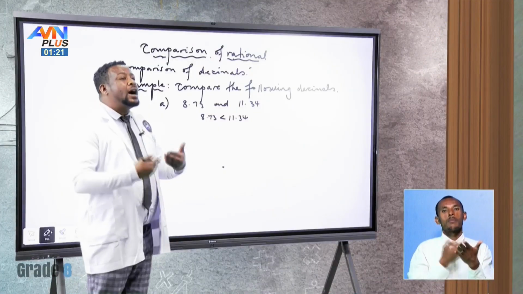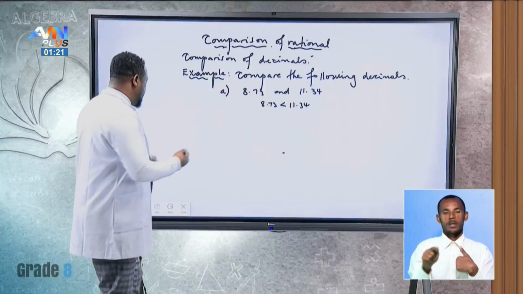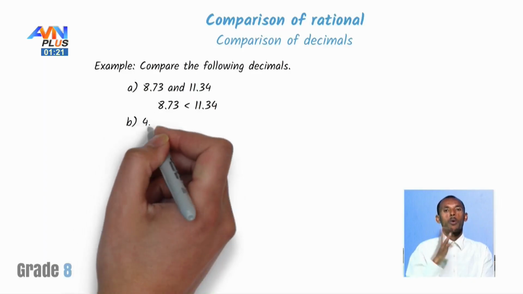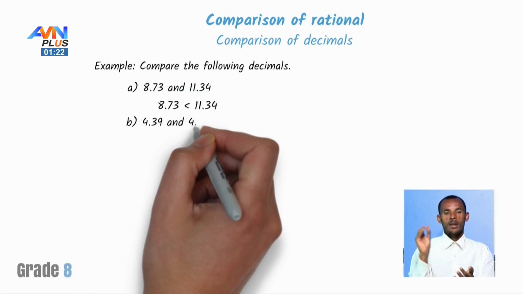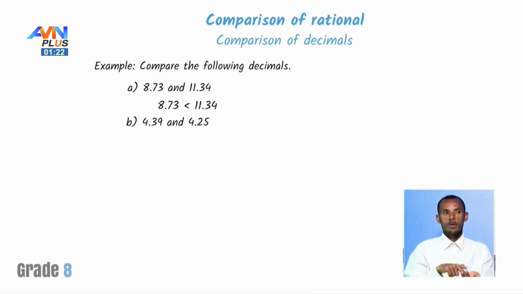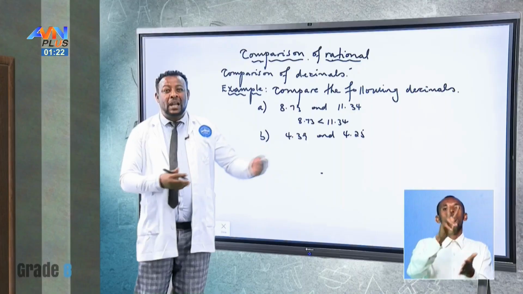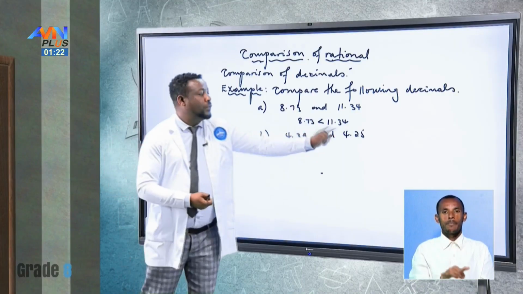Sometimes we may have decimals having the same integer. For example, suppose we have 4.39 and 4.25, okay? Here, these two are decimals where their integers are the same, 4, 4, okay?